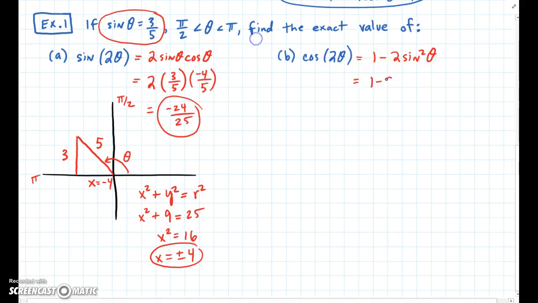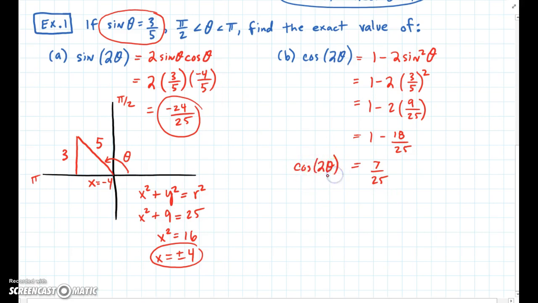So this would be 1 minus 2 times sine theta, which is 3/5, squared. 3/5 squared is 9/25, and 2 times 9 is 18. 1 minus 18 over 25 would be 7/25. So cosine of 2 theta is 7/25.